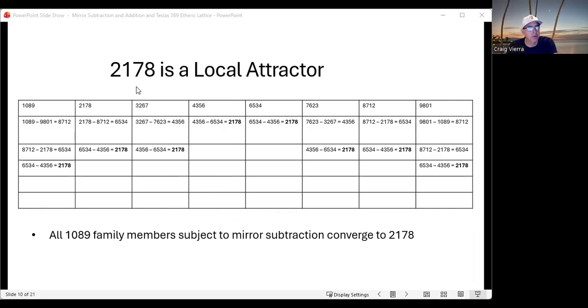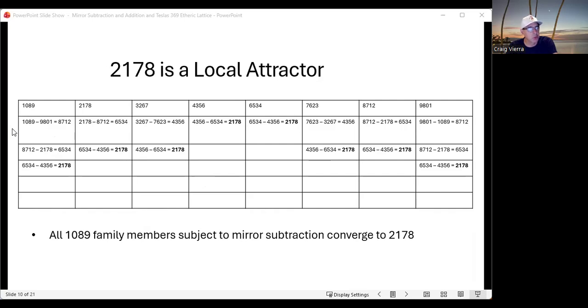It was 2178. All of the 1089 multiples would actually fold to 2178. In mathematics, when numbers do this, they're known as attractors. Everything was converging to 2178.